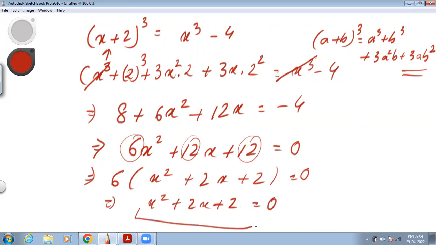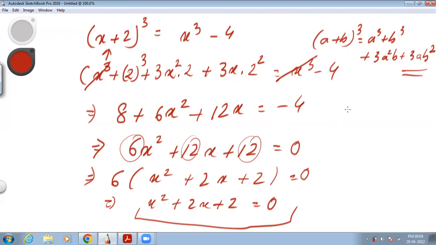Therefore this is a quadratic equation. Even though you can see there are cubes on both sides, don't think that it's not going to turn out to be a quadratic polynomial. It could also be a cubic polynomial. A cubic equation it will be when the degree of the polynomial equating to 0 is 3.